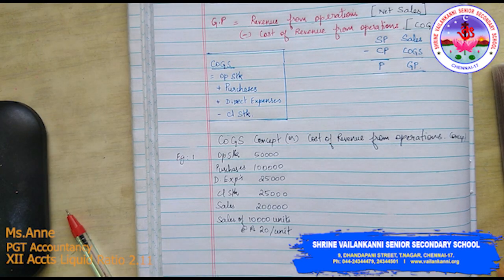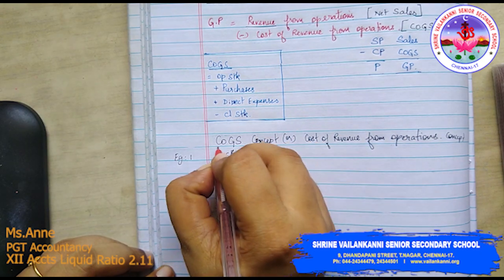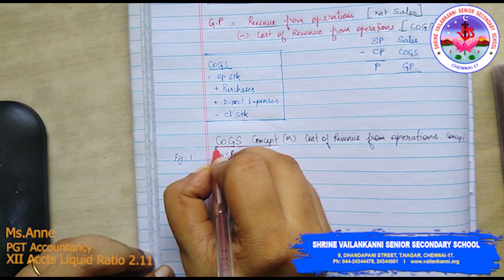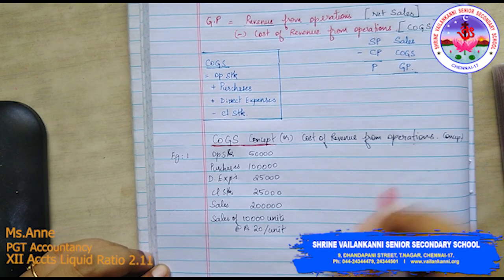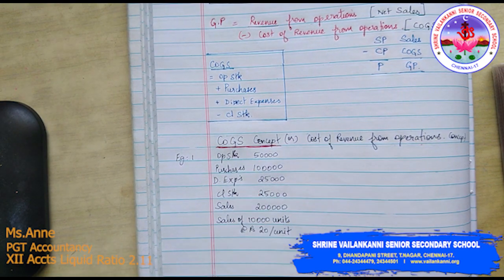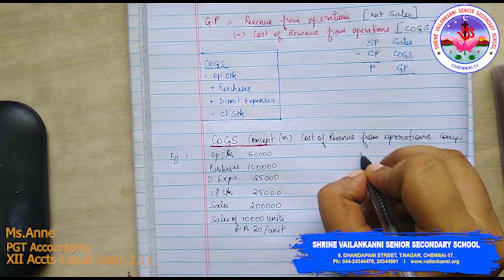Now you can see the problem that we are going to discuss to understand the concept of cost of goods sold. Cost of goods sold is otherwise called cost of revenue from operation. So what is given? We are going to prepare the trading account.